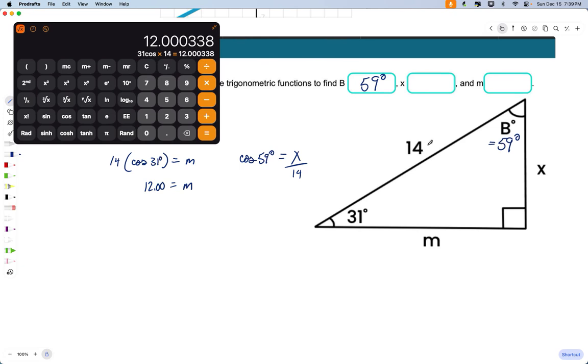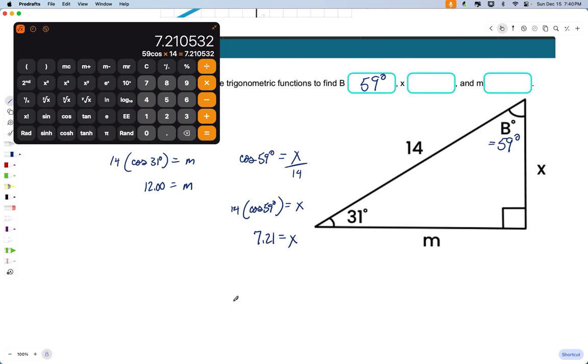So I'm going to say that 14 times the cosine of 59 degrees is equal to X, because I multiplied both sides by 14. So if I clear this and I say 59 cosine times 14, I get that 7.21 is the length of side X.